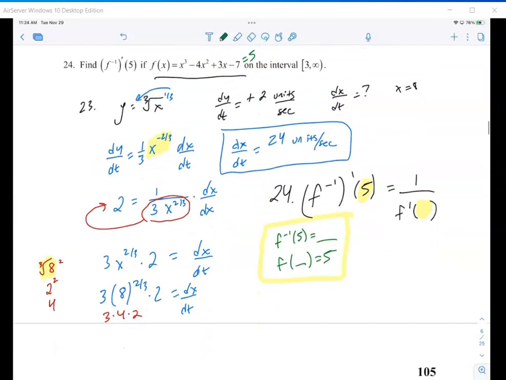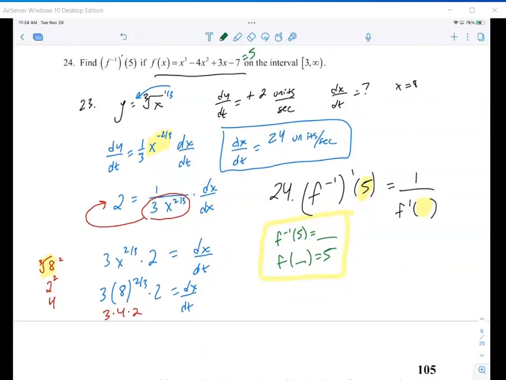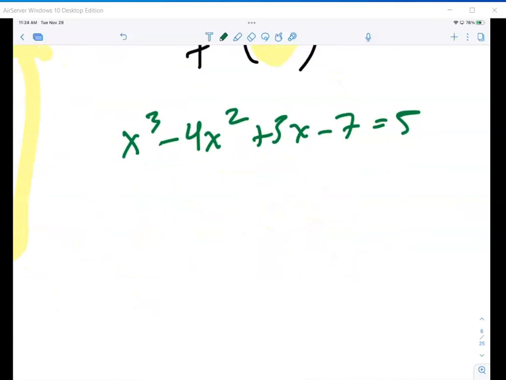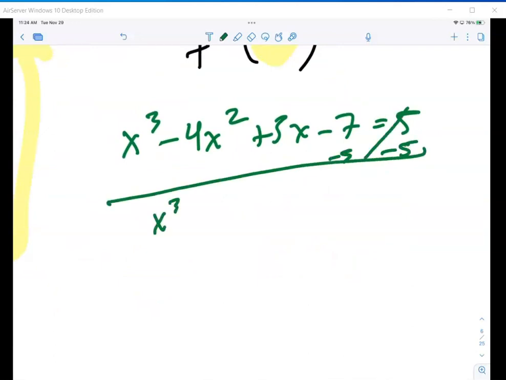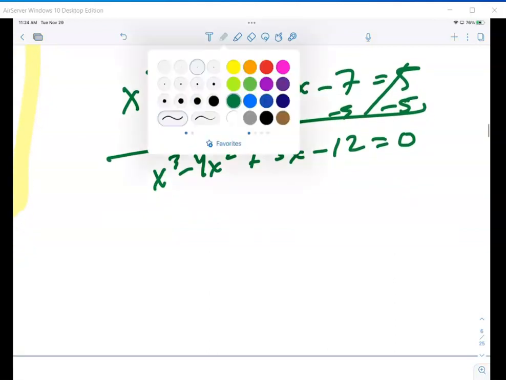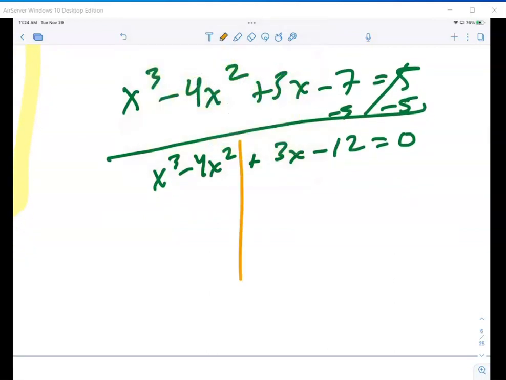Now, normally they would give you a calculator, or this one can actually be done by hand. I'll show you guys. The way I would solve this is I'd subtract the 5 over. So I have x to the 3rd minus 4x squared plus 3x minus 12. Typically these don't factor, but this one actually does. Hooray, by grouping. So it's like x squared, and then I can take out a plus 3.